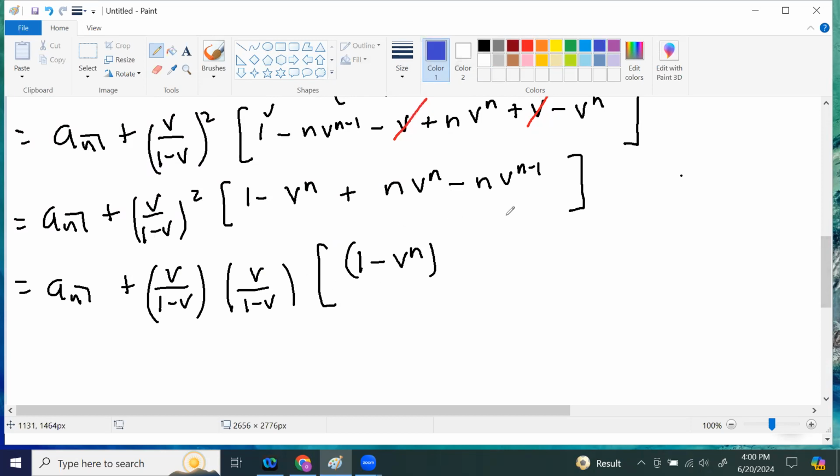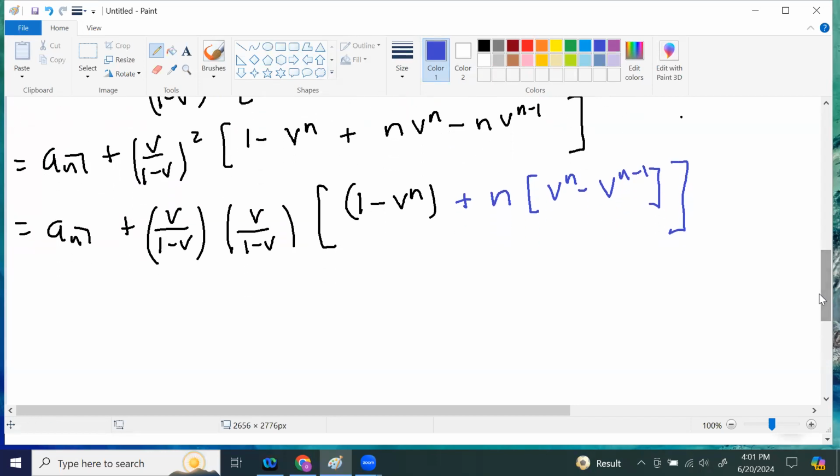I'm going to factor out, I'm going to go ahead and write this n here. So I'm going to add n, and then I'm going to just go ahead and write this as v^n minus v^(n-1). Might be an extra step you don't need. That's all right.